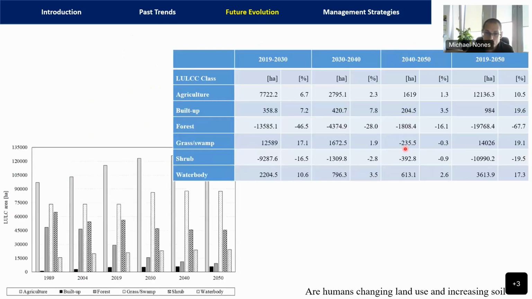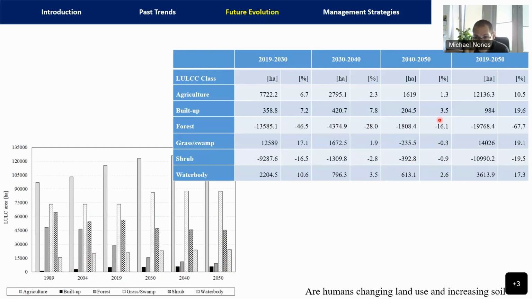So what we summarize here is the evolution over the entire observed period. So three decades in the past, 3 decades in the future. And those are the numbers in terms of variation of hectares between the various periods and in percentage.